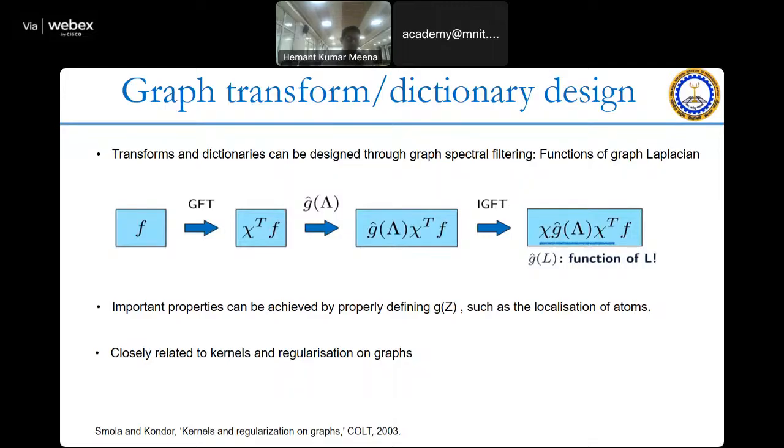But what would happen in reality, in the actual problem, will differ from case to case. That's why I'm saying there is a lot of potential to see new things with the help of these graph techniques, which we call graph signal processing based techniques.